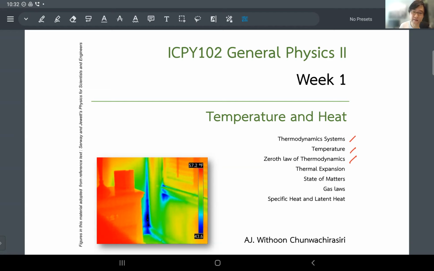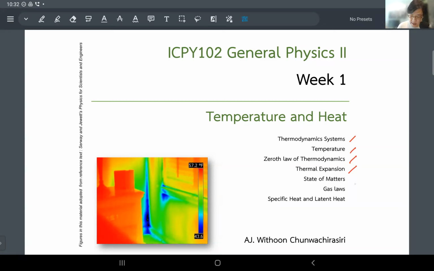Feel bad for the physicists. But anyway, we're going to have some analytical or numerical calculations in the topic of thermal expansion. That is a consequence of once we know what happens to the material from the perspective of temperature changes. So we have thermal expansion.